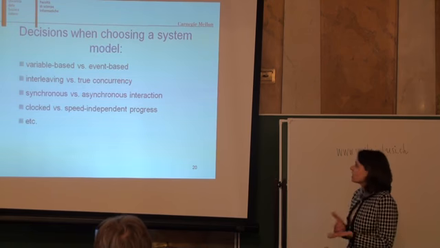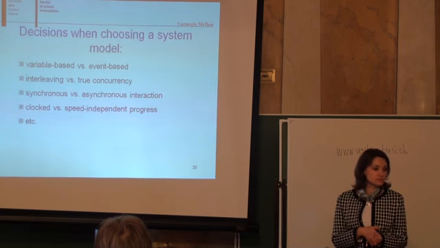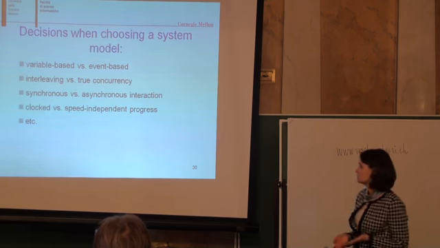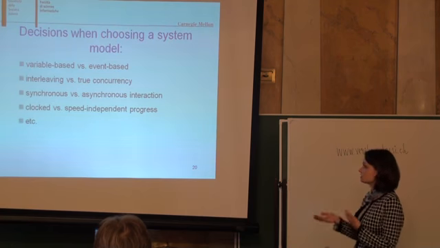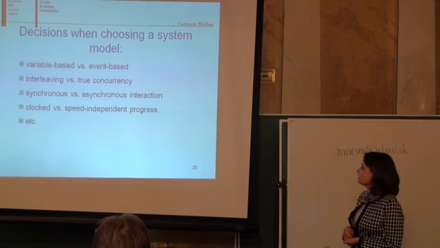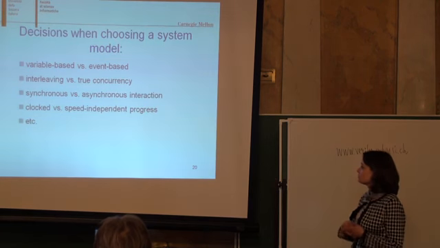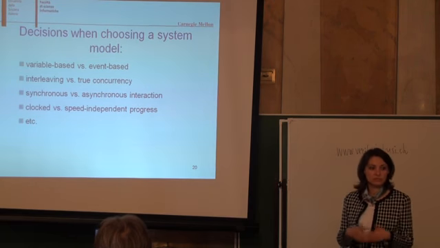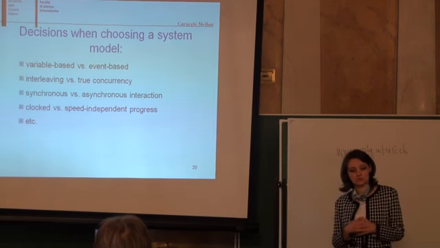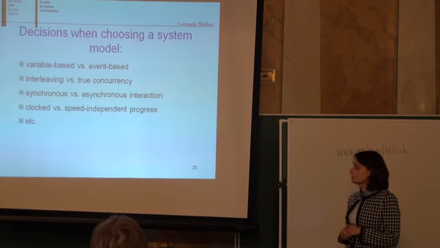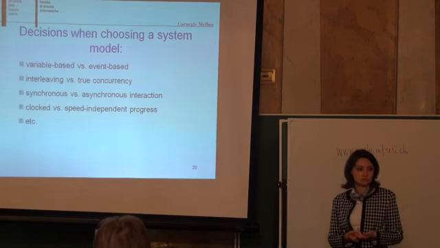If it's a concurrent program, what kind of concurrency do we have? Is it interleaving semantics, or is it synchronous or asynchronous interaction among the system processes? And if it's, for example, synchronous, is it clocked, or totally independent of the speed of process execution, and so on. Based on these considerations about the system, you decide which model to use.